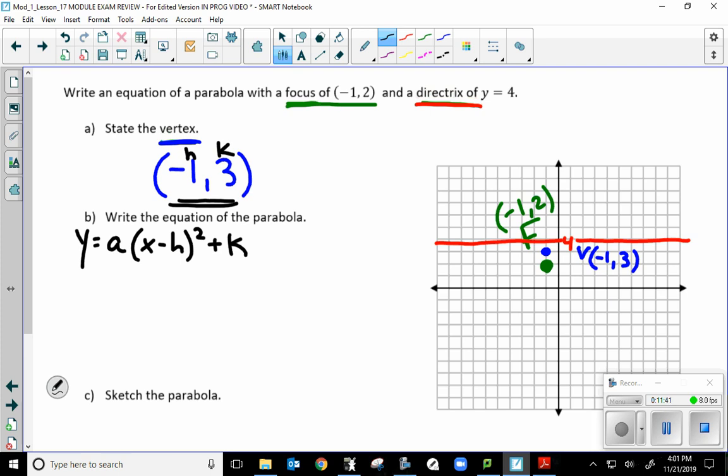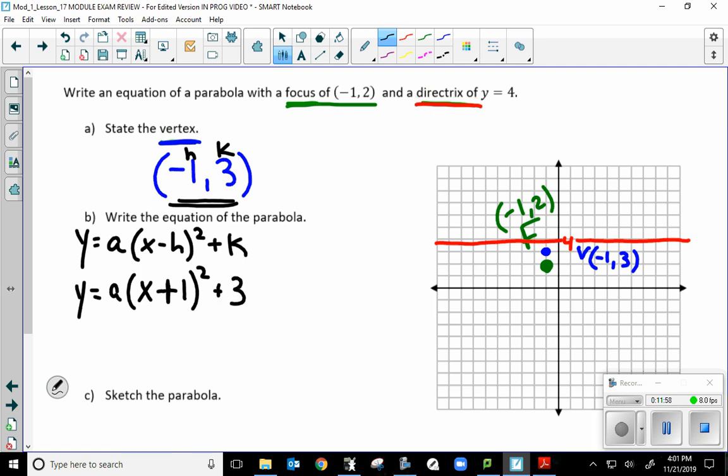So I'm going to throw in h and k right now. So y equals a times (x minus h, which is negative 1, subtracting a negative is like adding), and k is 3, so plus 3.